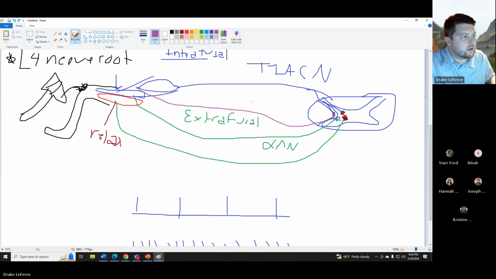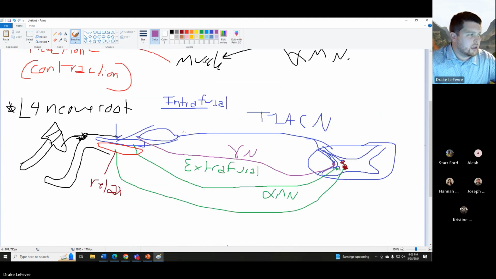What's the symbol for gamma? There it is. It's the Y. These are gamma neurons. They come back.